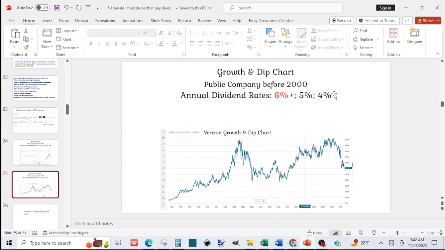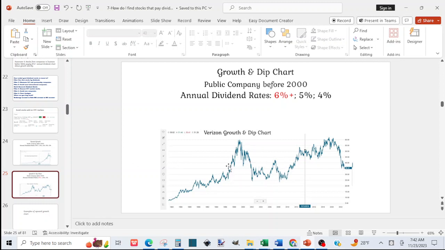So you don't want to invest in any that pay less than that, for instance. So on your spreadsheet, once you have a long list of them, you want to invest in the one that pays you up to 6%, and then invest in the one that pays you 5%, and then the one that pays you 4%, type of thing. And that is an example of growth and dip.